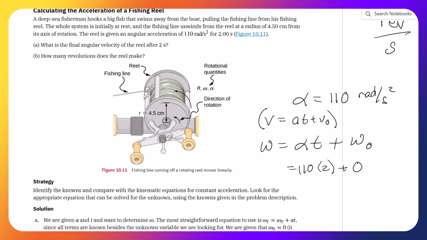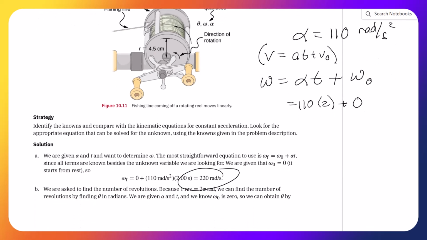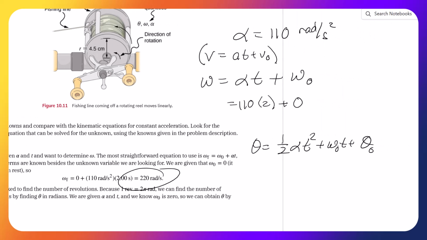How many revolutions does it make? Okay, so this is maybe more interesting. So it goes 1/2 alpha t squared plus omega naught t plus initial theta, but it's originally at rest, and let's just say the initial theta is 0. So the theta that it goes through is 1/2 110 t squared.